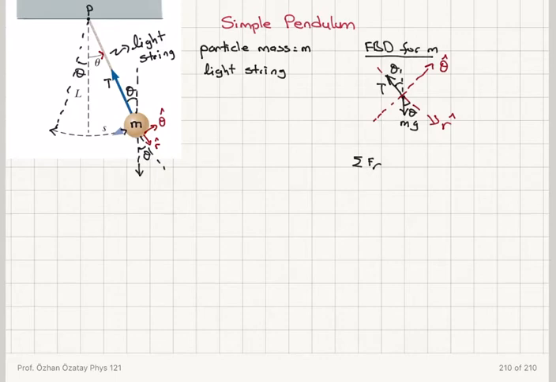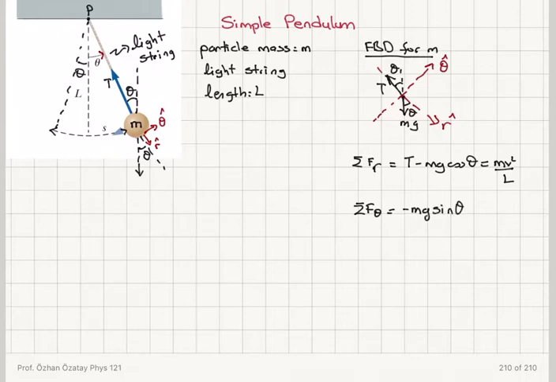I have the angle theta here, the same angle theta. So I have tension minus mg cosine theta is equal to mv squared over r, where the string length is L. So the radius of this circular motion is L, mv squared over L.